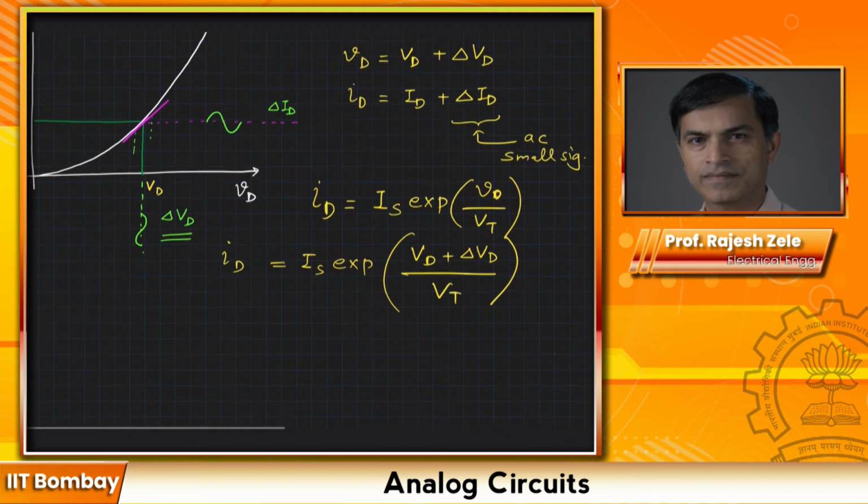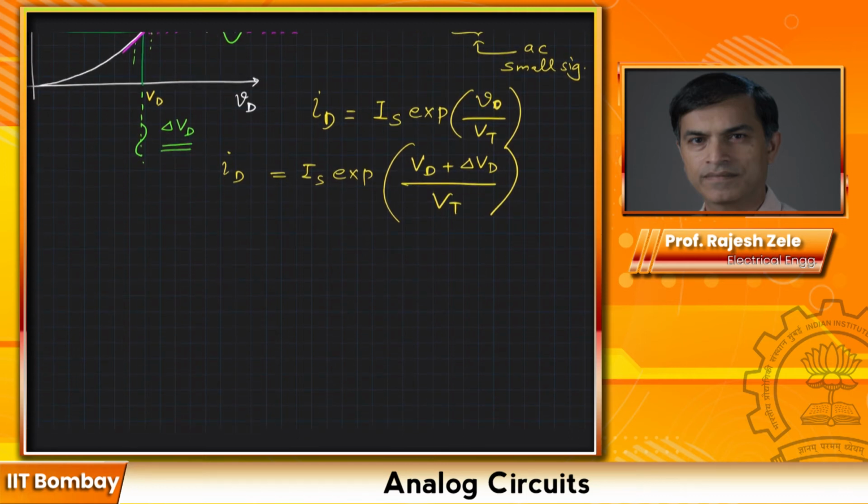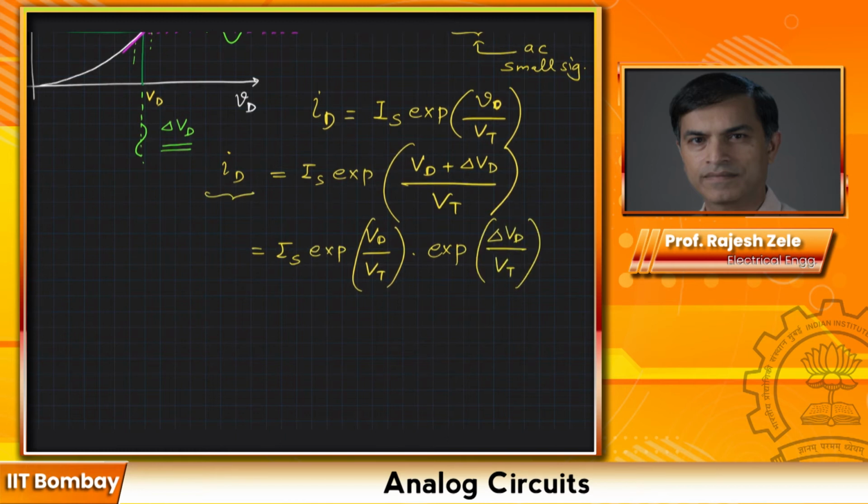Okay, and this we can say it's IS exponential VD divided by VT multiplied by exponential delta VD divided by VT. And we also know ID is equal to ID plus delta ID. This being the DC term and this being the AC term. Alright.